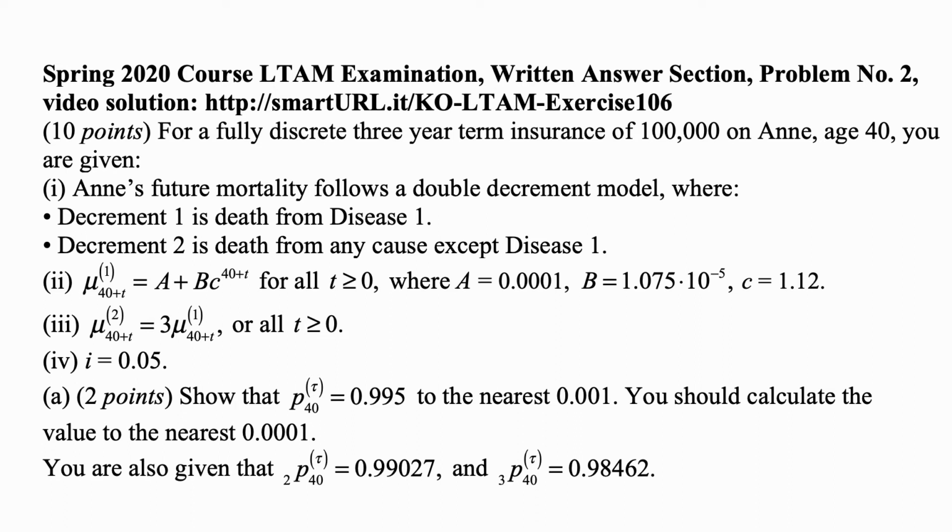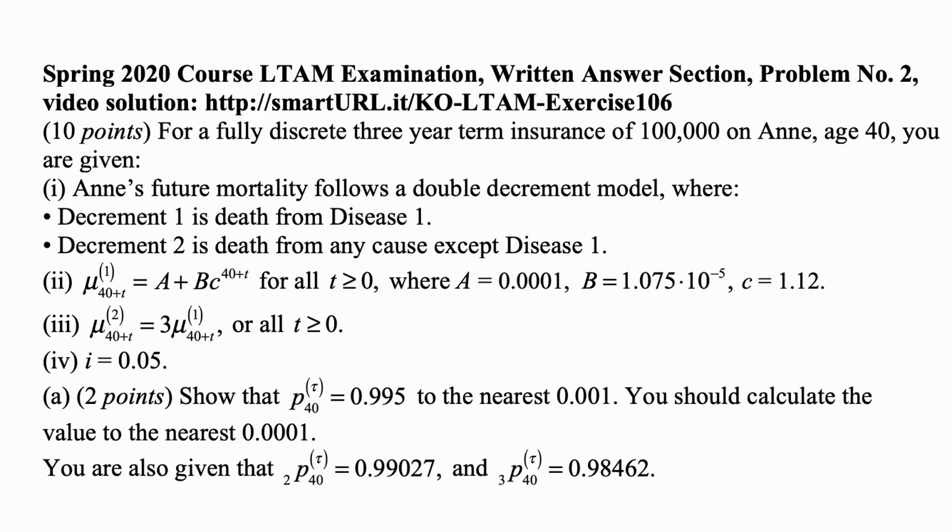Here's a problem for today for exam LTAM. It's a written answer problem. For a fully discrete 3-year term insurance of $100,000 on Anne, age 40, you are given Anne's future mortality follows a double decrement model, where decrement 1 is death from disease 1, decrement 2 is death from any cause except disease 1.